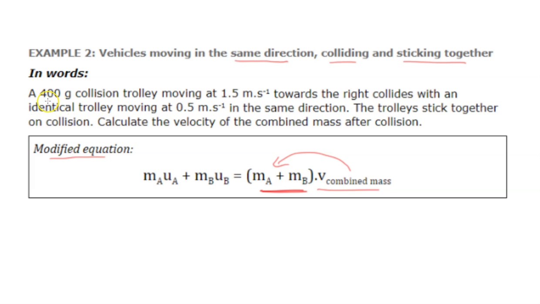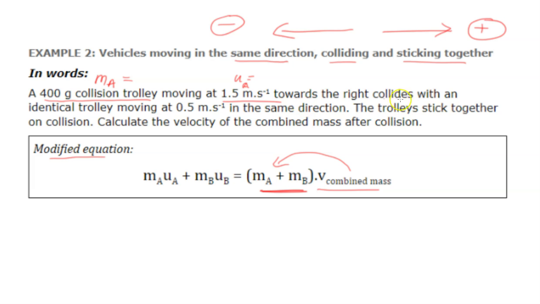So we've got a 400-gram collision trolley. So we'll call this mass of A, moving at 1.5 meters per second towards the right. So we've got the initial velocity of A. Right is positive and left is going to be a negative value.